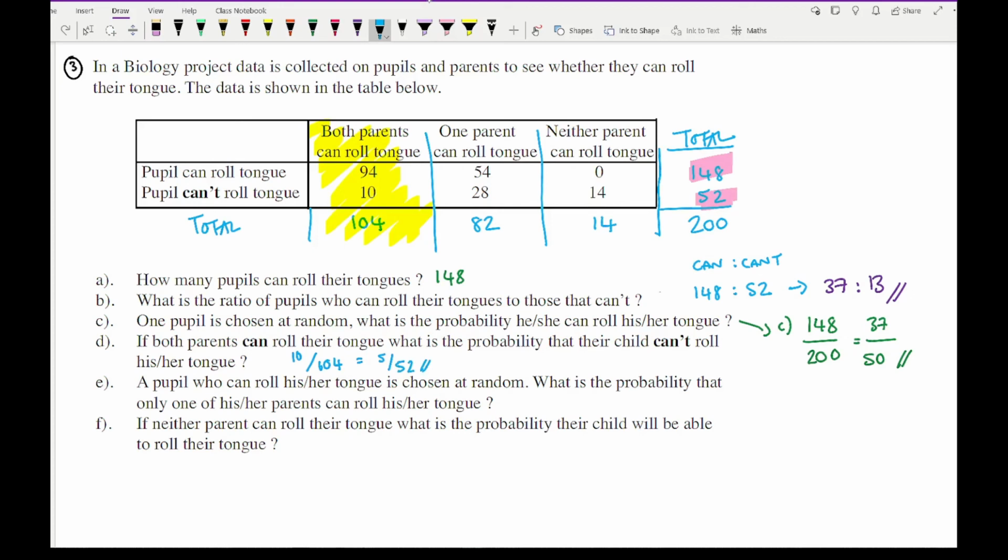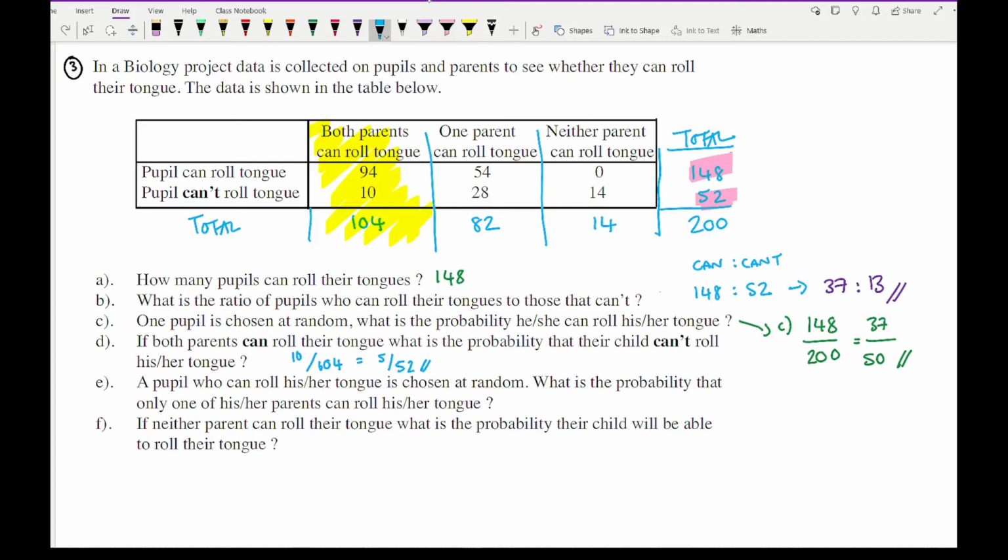Now what is important is that when it comes to probability, particularly at Key Stage 3 or GCSE, you want to make sure you're giving your answer as either a fraction or a decimal. Personally, I would always opt for the fraction version because it's always accurate, but if you were to give your answer as a decimal or even as a percentage, that's fine as long as the value is correct.